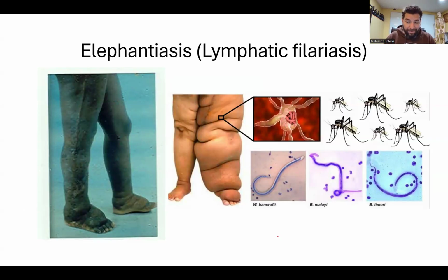You get this nasty parasite in your lymph vessels or in a lymph node, and it causes a blockage in your lymph. And you get elephantitis, right? You don't want the parasite, it's no good. And there's a little blurb at the bottom, you can read about it, but that's the gist of it.